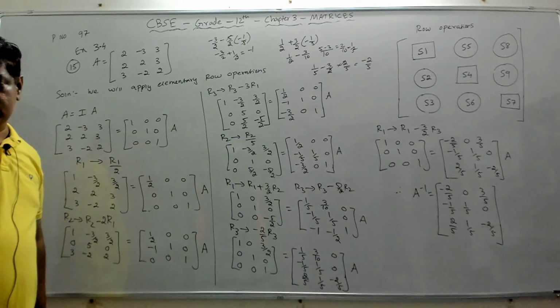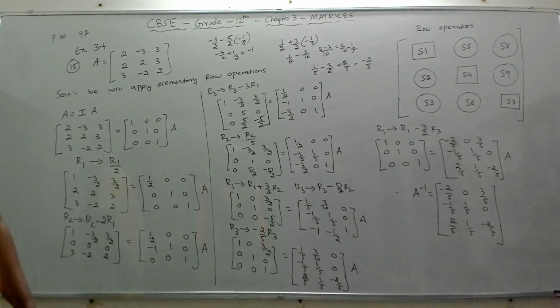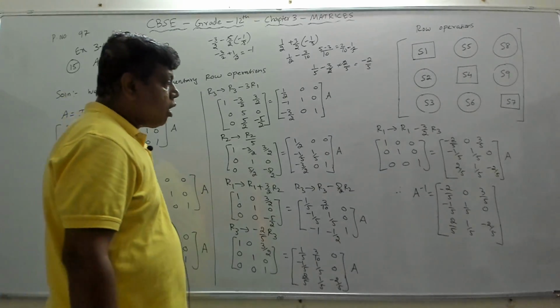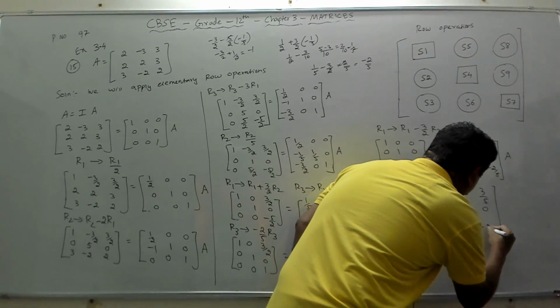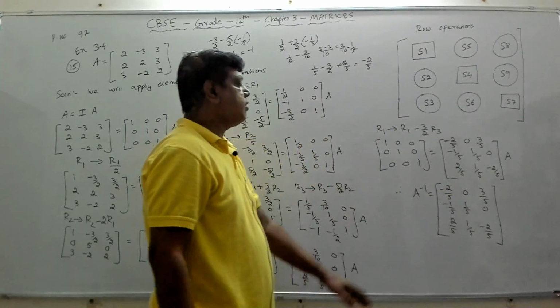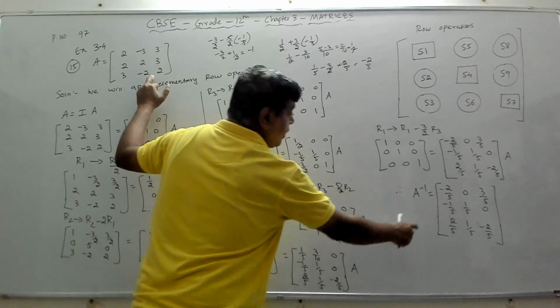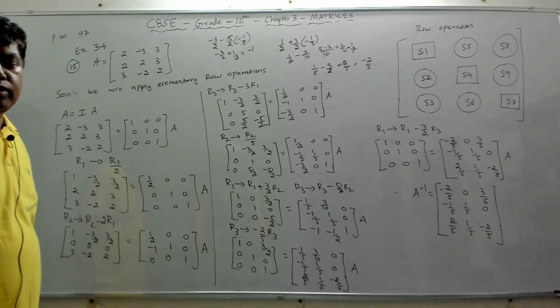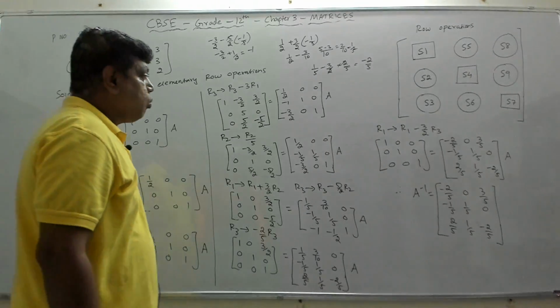So that is the inverse of the given matrix A, and we have found the inverse using elementary row operations. I think it's clear. Now if you multiply your A matrix with A inverse, you will get the identity matrix, which is 1 0 0, 0 1 0, 0 0 1.